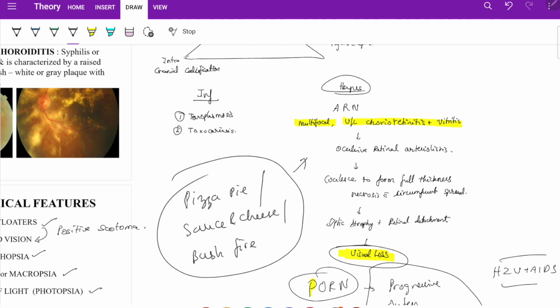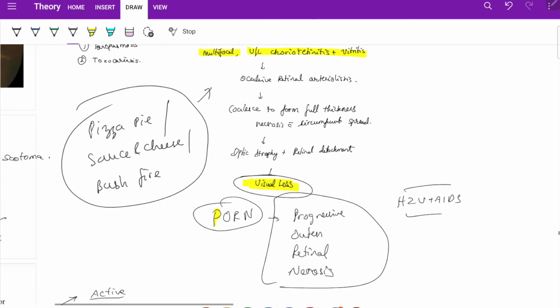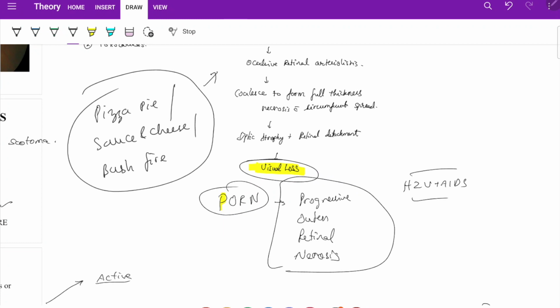So what is the treatment of choice in your CMV? Most of the CMV, even extra, all of these are associated with AIDS. When it is associated with AIDS, ART treatment will be started. And normally the treatment of choice for any CMV cytomegalovirus is to start with antiviral therapy.